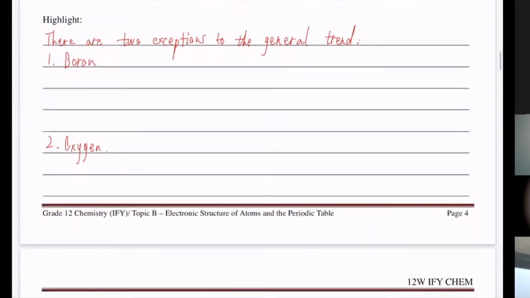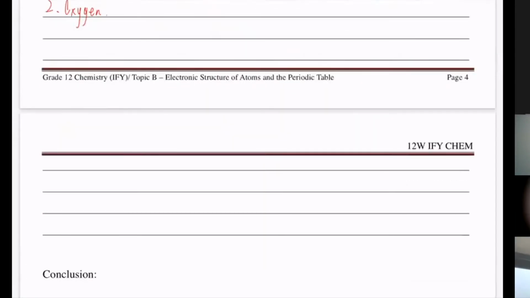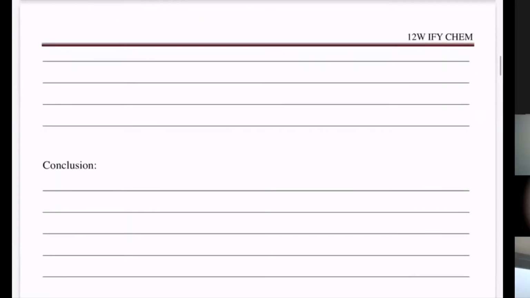Okay, so now at least we could draw a conclusion, which is that these 8 electrons in the second shell are not in identical positions.